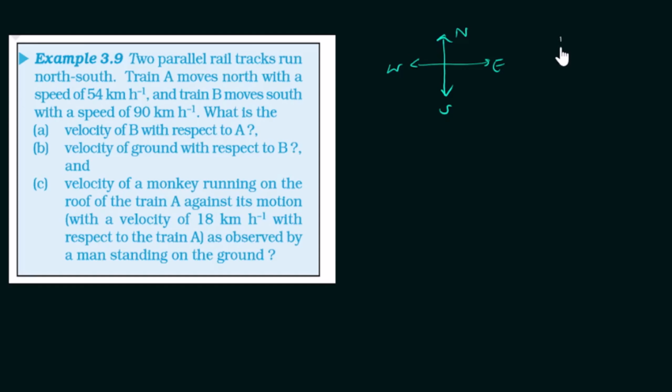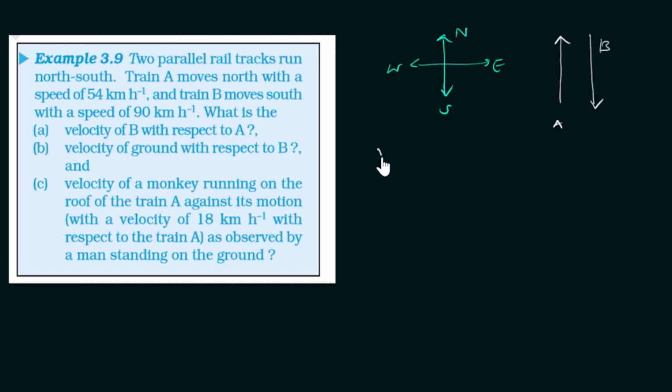We have two tracks like this. Consider this is train A, which is moving in this particular direction, and train B is moving in this particular direction.